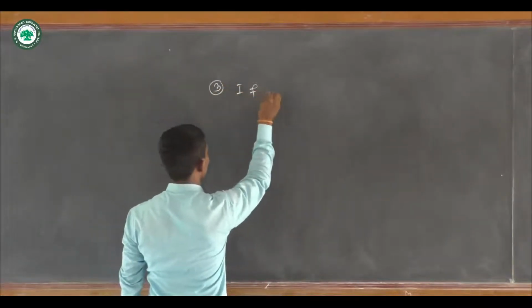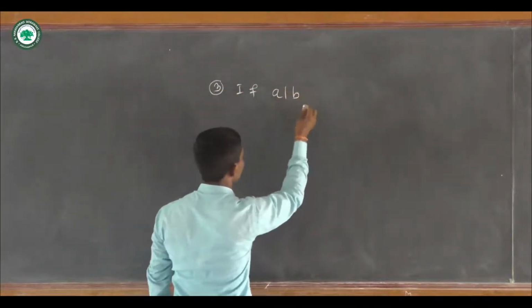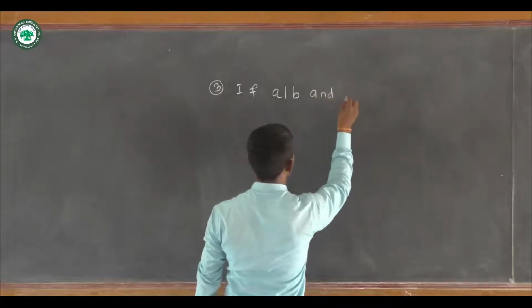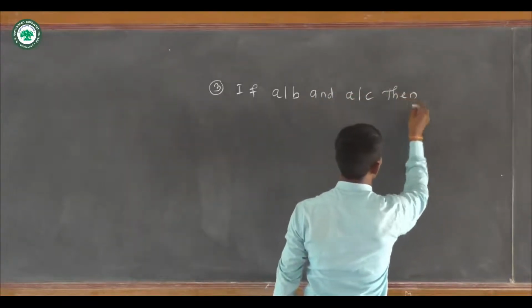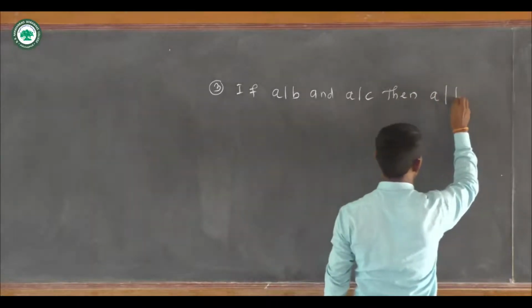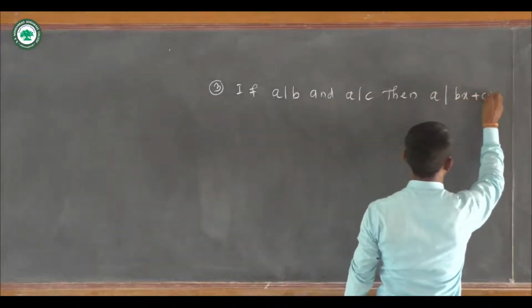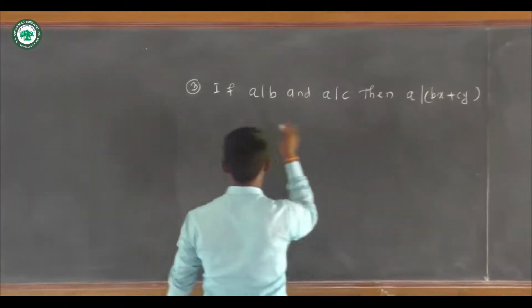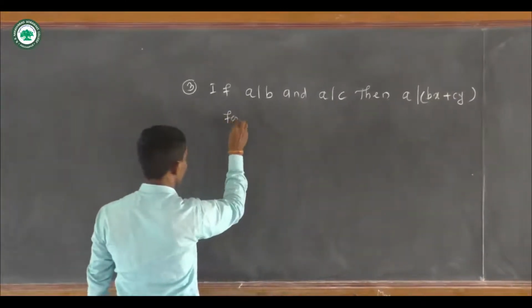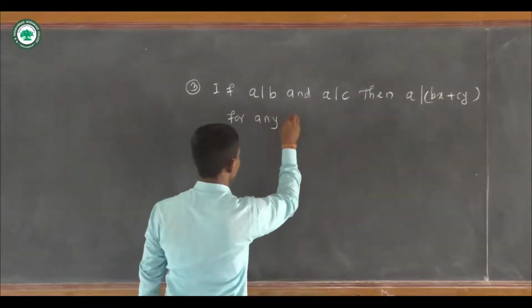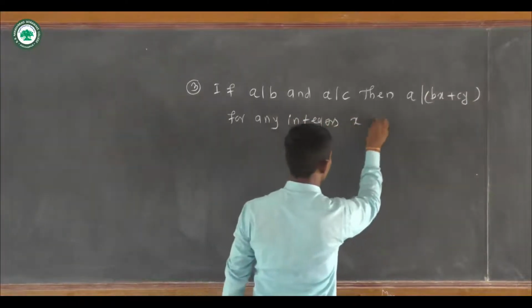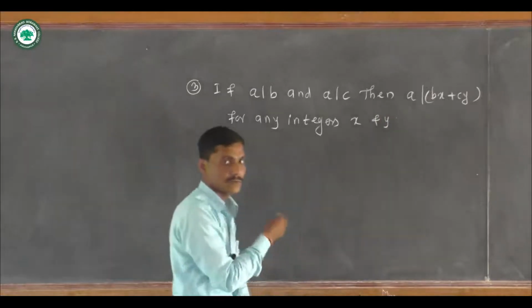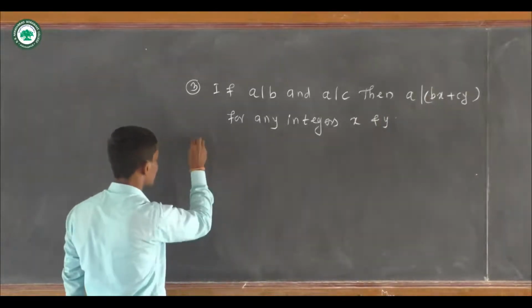Now the third property: if a divides b and a divides c, then a divides bx plus cy for any integers x and y. Now the proof.